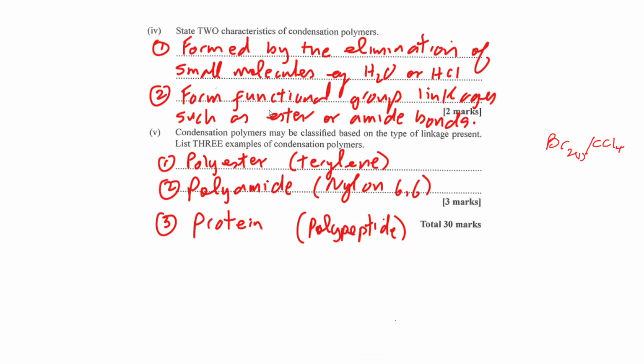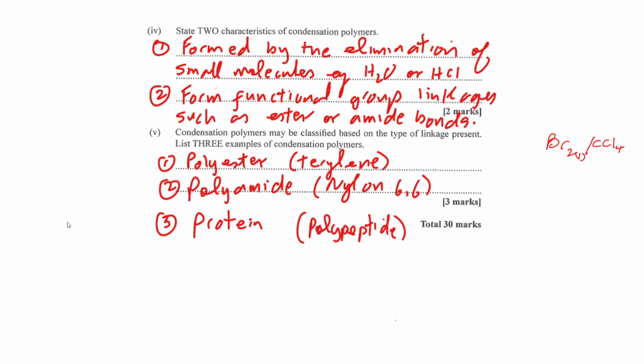Part 4. State 2 characteristics of condensation polymers. 1. Condensation polymers are formed by the elimination of small molecules, for example water or HCl. And 2, they form functional group linkages such as ester or amide bonds.